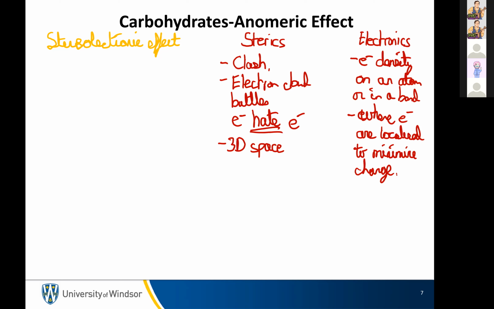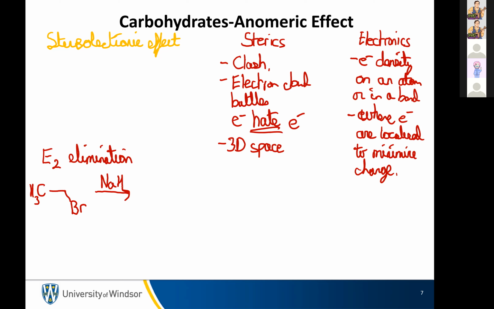So you've seen these arguments before, I hope. Let's take the E2 elimination. If you don't remember what the E2 elimination is, I take something like bromoethane. I treat that with a strong base, I don't know, sodium hydride.